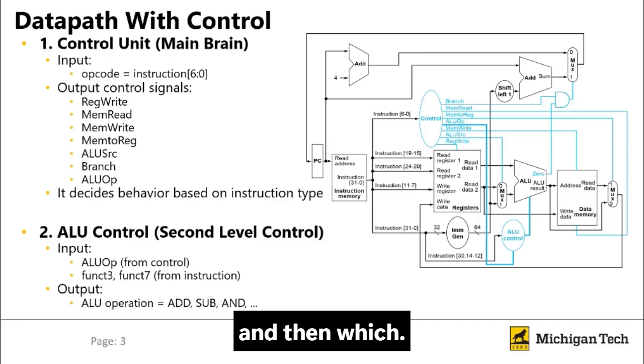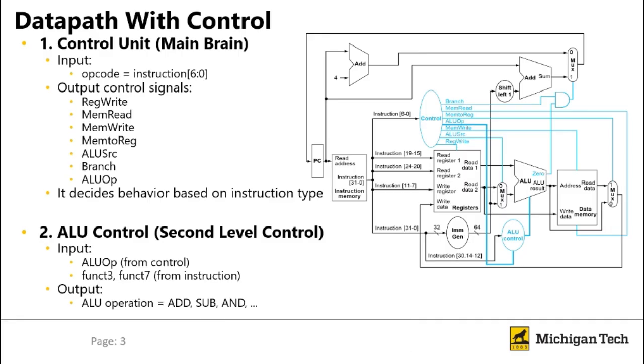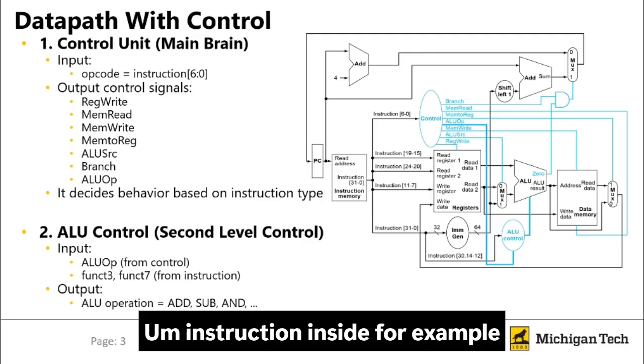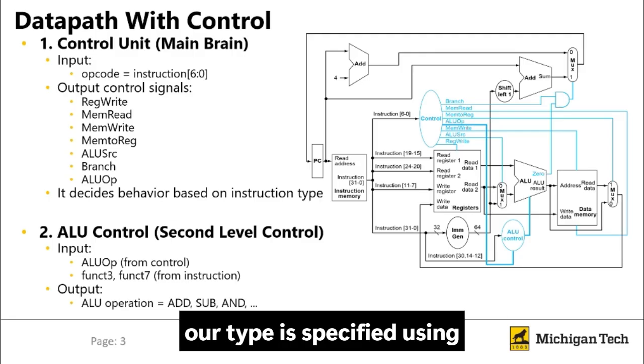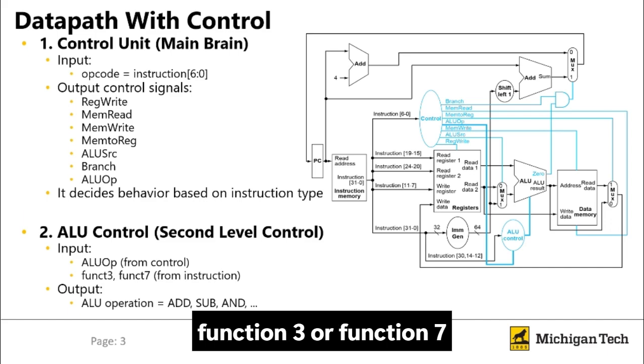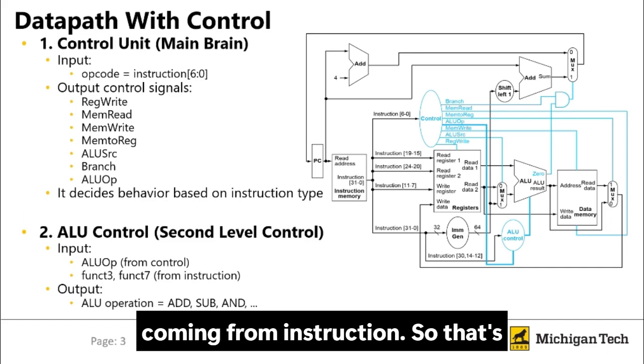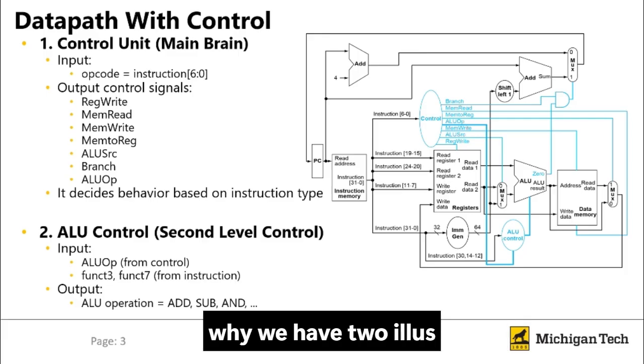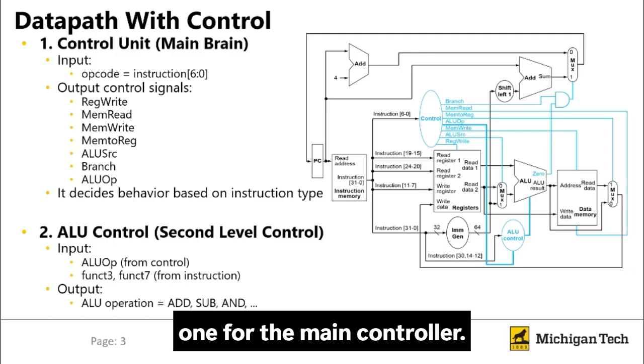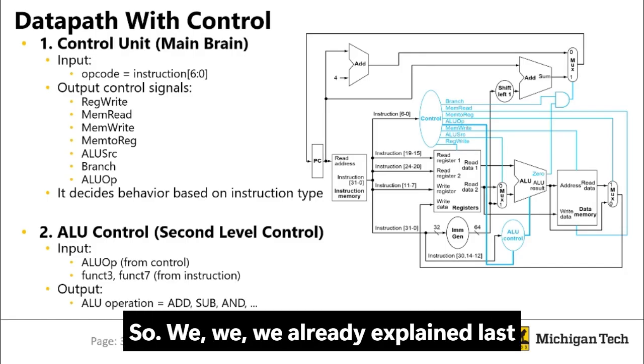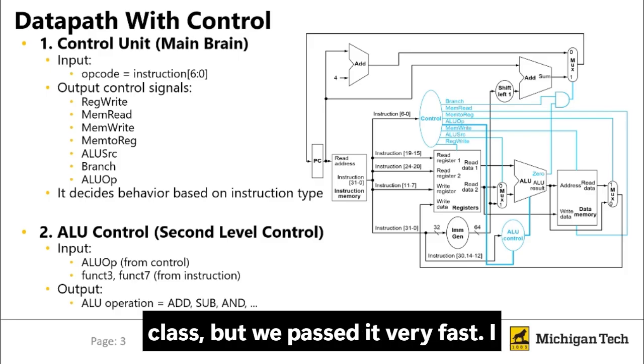And then which instruction inside, for example, R type, is specified using function 3 or function 7 coming from the instruction. So that's why we have two controllers, one for the ALU, one as the main controller. We already explained this last class, but we passed it very fast. I wanted to emphasize it.